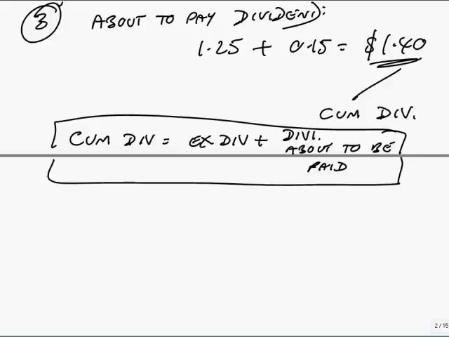Now, 2 things there. One is, before anybody shouts, I can ask you, what's the share price? If they've just paid a dividend, $1.25, or if they're about to pay a dividend, it's $1.40. Of course, it begs the question, what would the share price be if they paid a dividend 3 months ago, and so the next dividend is 9 months away?